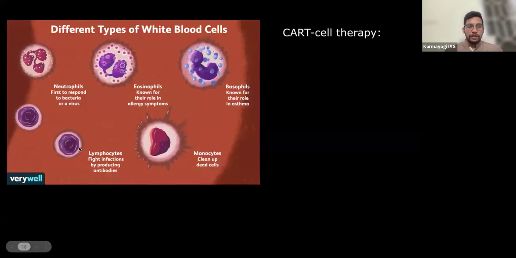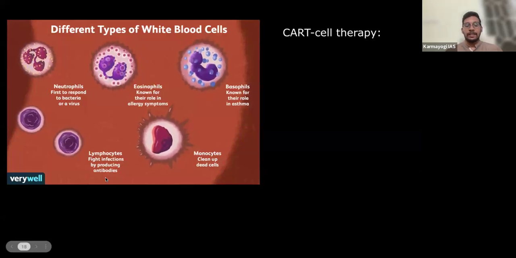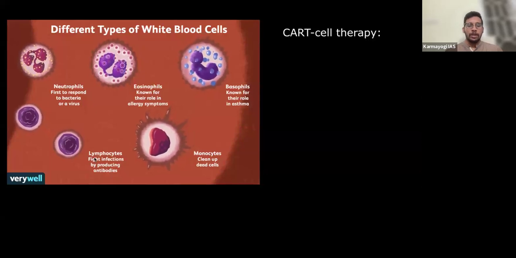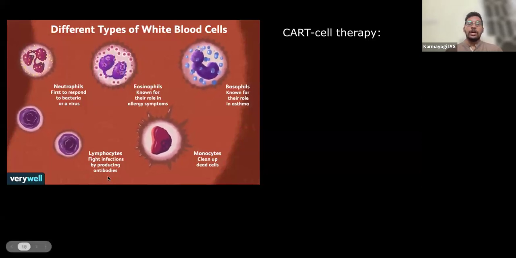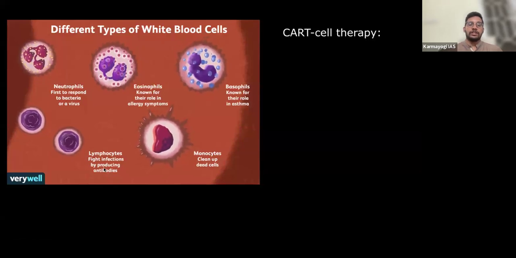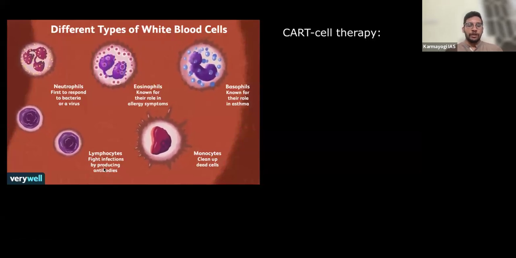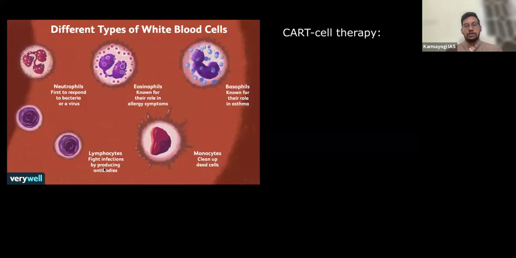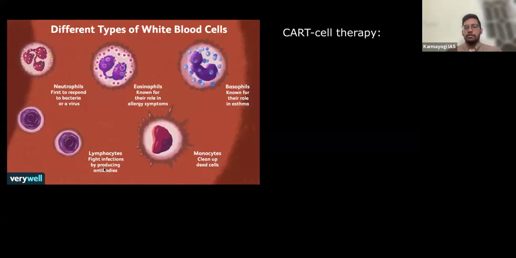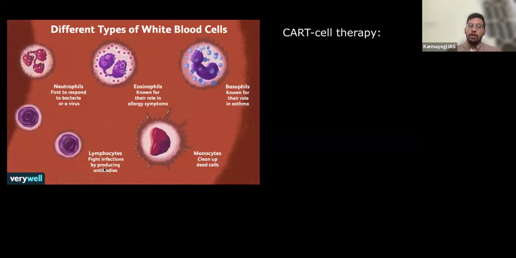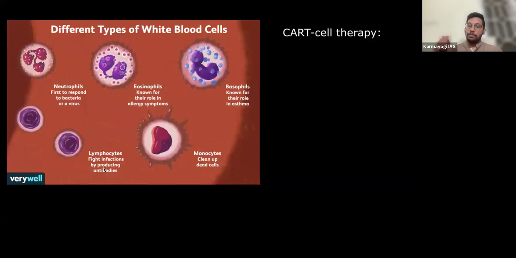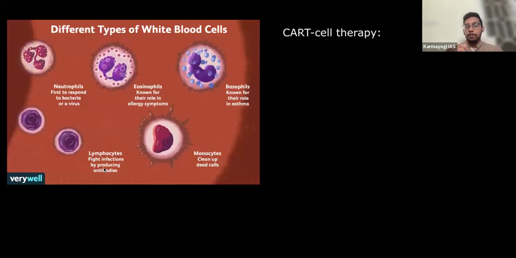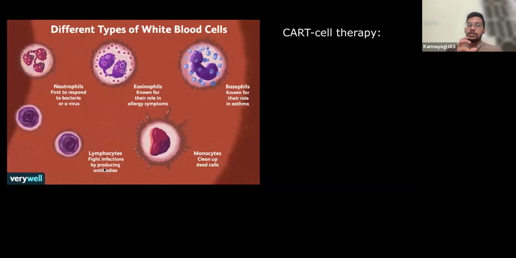Here, first, lymphocytes are also called T cells; lymphocytes or T cells, either way, are the same. The main role of these lymphocytes or T cells is to fight against infections by producing antibodies. In our human body, we have a certain mechanism: if any foreign element enters the body, it is immediately recognized and antibodies are produced.